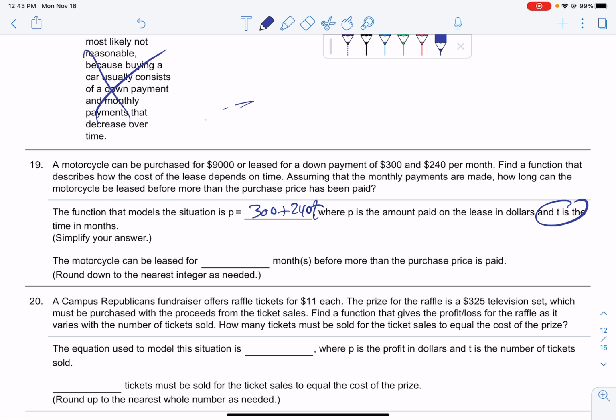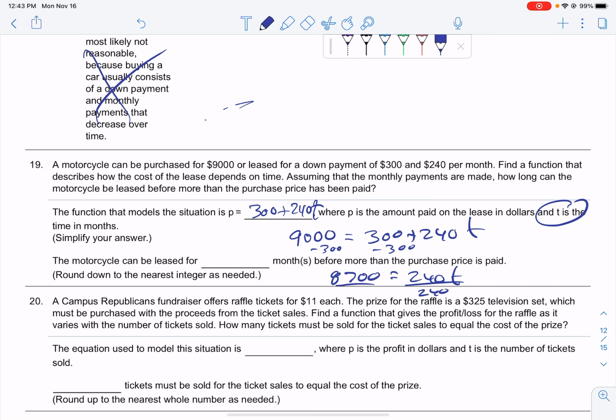The motorcycle can be leased for how many months before the purchase price is paid? Okay. So it would cost $9,000 to purchase it. So if I say 9,000 equals 300 plus 240 T, I'm going to minus 300, and I get 8,700 equals 240 T. Now I'm going to divide by 240.